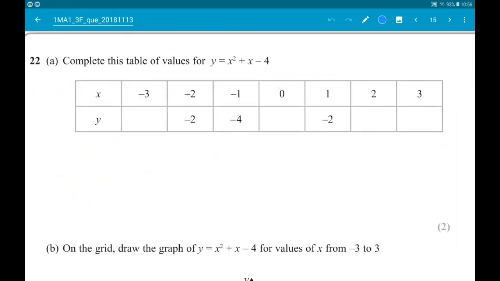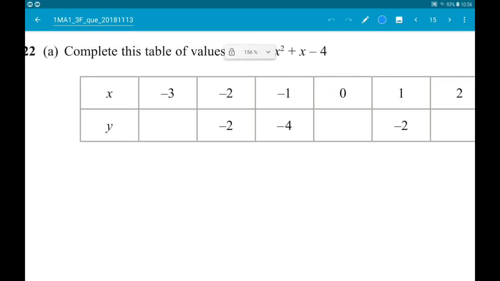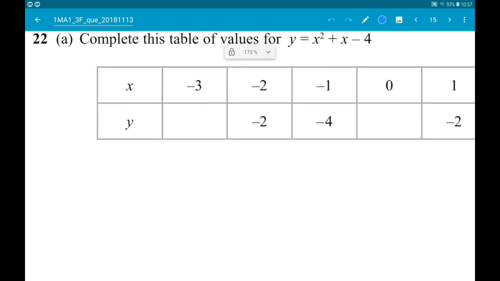Number 22a. Complete the table of values for y equals x squared + x minus 4. So what that means is we need to find the values of y when x is equal to certain numbers. The first one is when x is equal to minus 3. If you're using your calculator, you need to be really careful when you put in the minus 3.